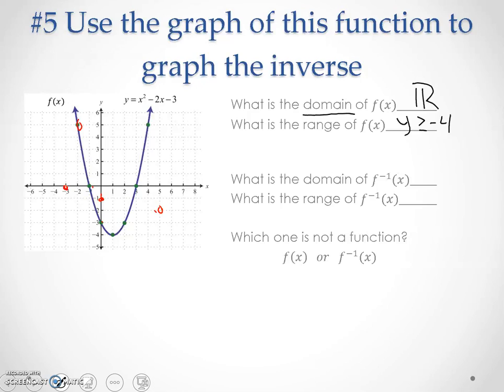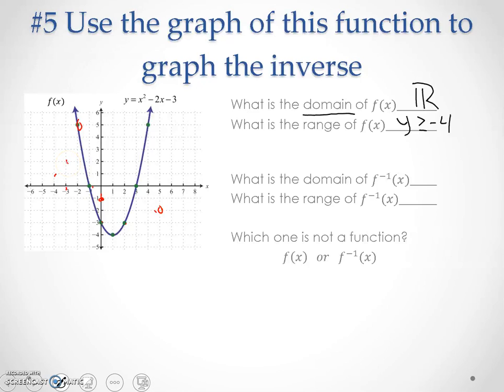And if I continued this, if I tried this point right here, which is the vertex, that's 1, -4. Well, if I switch those around, -4, 1, I'd be right here. Okay, so then this point right here, which is the point 2, -3, if I went -3, 2, I'd be at this point.